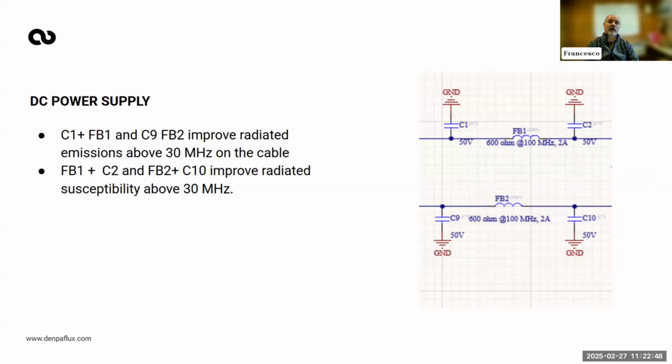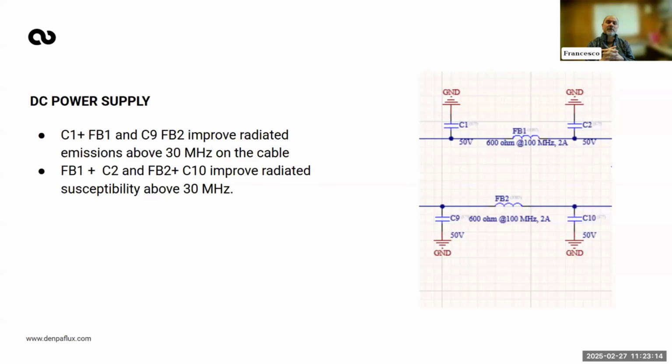Then, one typical test that you do on a cable: when you do a test on a cable in an EMC house, usually they ask you to use a cable that is between 2 to 2.5 meters. That can be short, but usually it's a couple of meters.